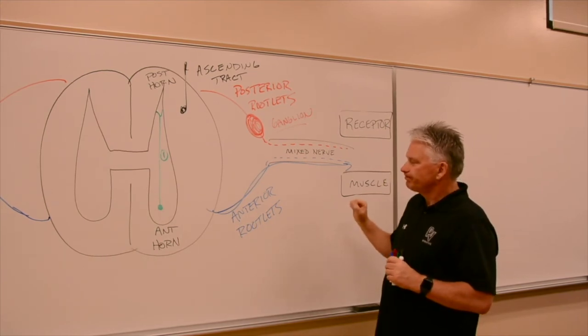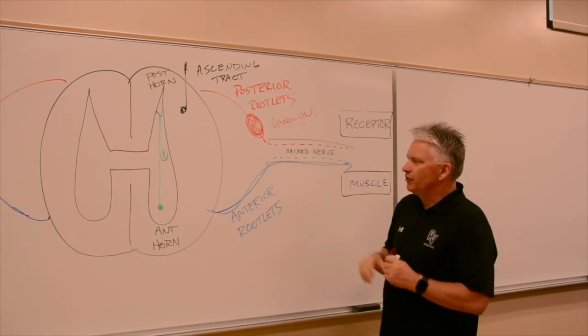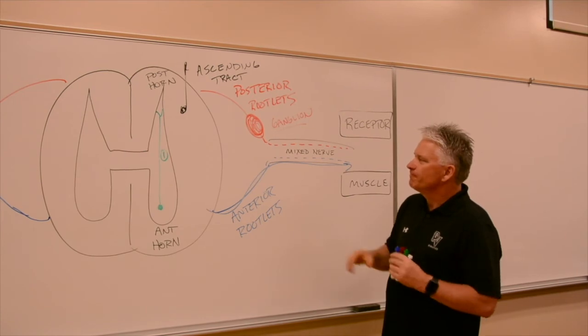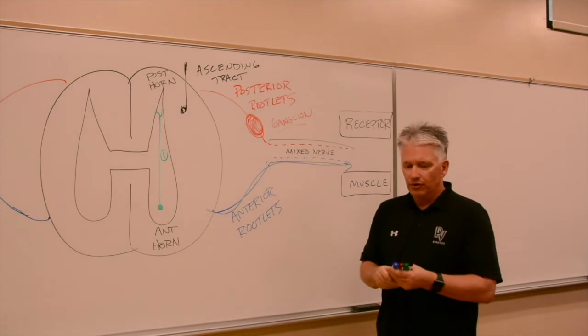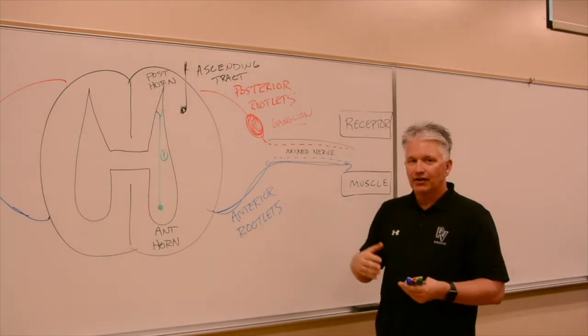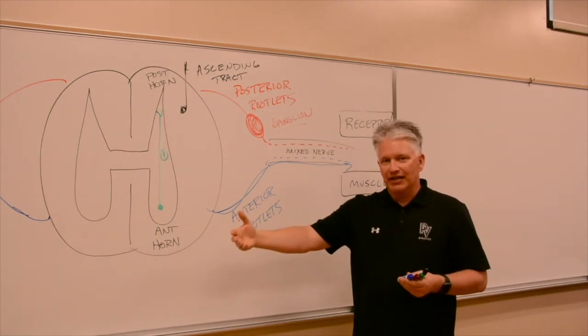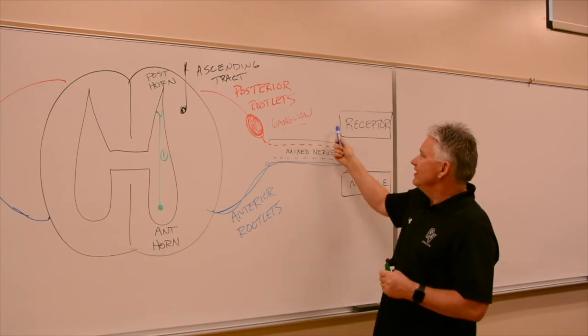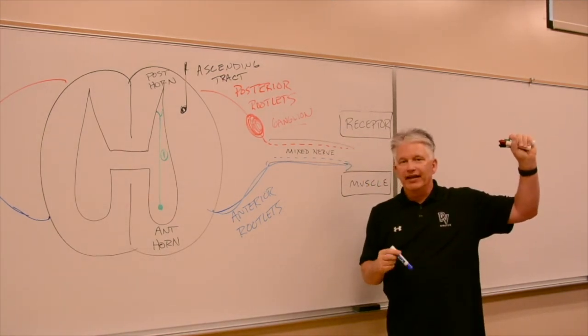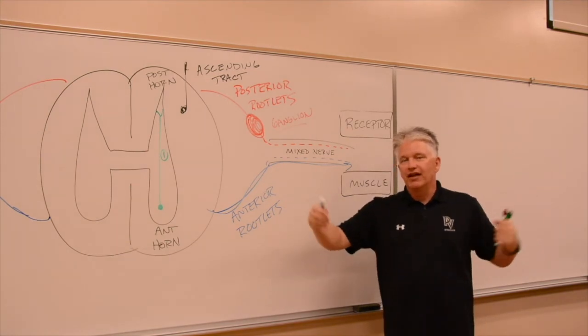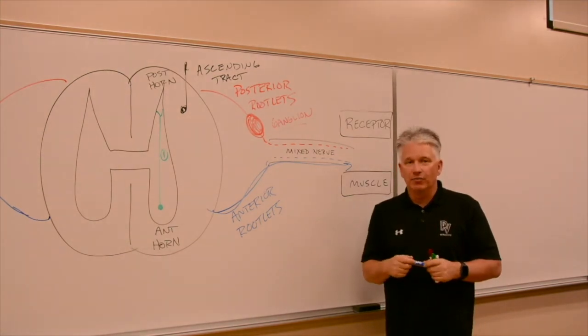The last reflex that we'll take a look at, sometimes we do have what we refer to as contralateral reflexes. Contralateral would be opposite side. So if I stimulate something on the left side of the body, in a contralateral reflex, I'll get a response on the right side of the body.